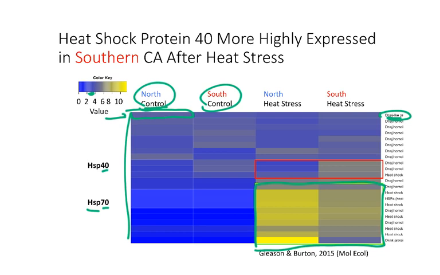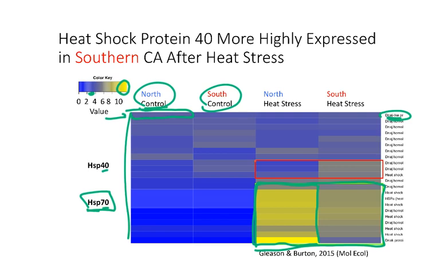particular heat shock protein. So in green here at the bottom, we have boxed the family of heat shock protein 70s. And if we look at the expression patterns between Northern and Southern California individuals after being exposed to heat stress, we can see that overall the Northern California individuals have higher expression of this family of proteins after heat stress, indicated by this more yellow color in their cells.